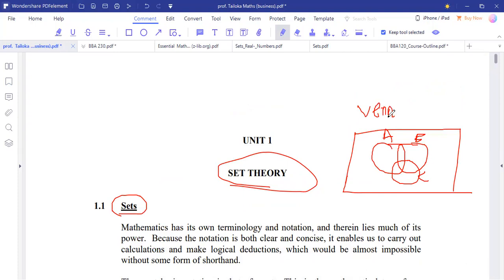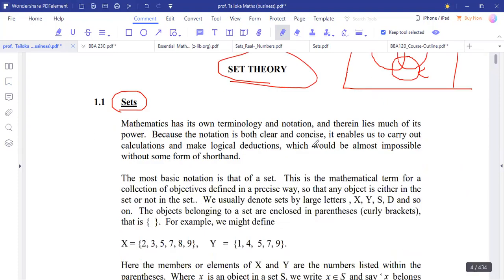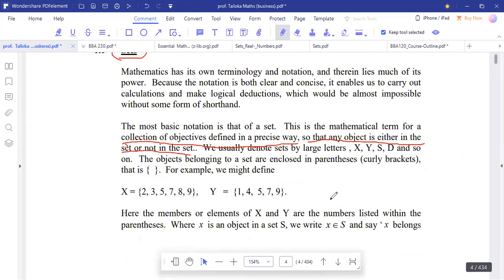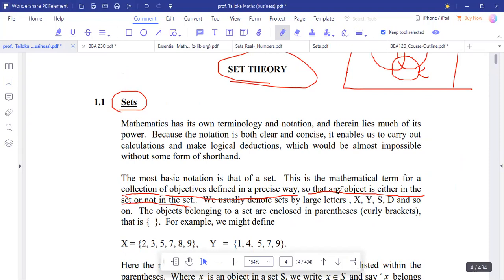We can have set A, with event A, event B, event C. The most basic notation of a set, a mathematical term for a collection of objects, is defined in a precise way so that any object is either in the set or not in the set.